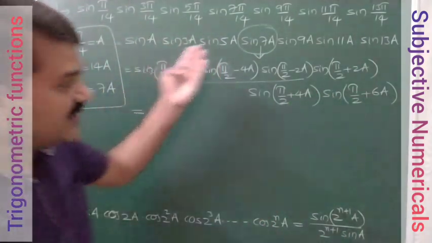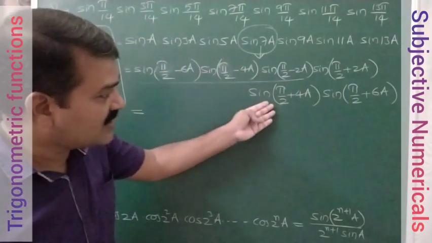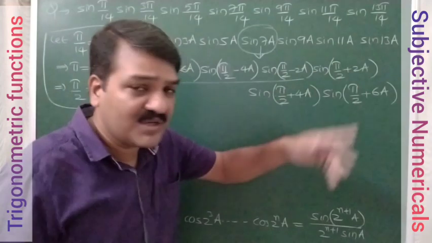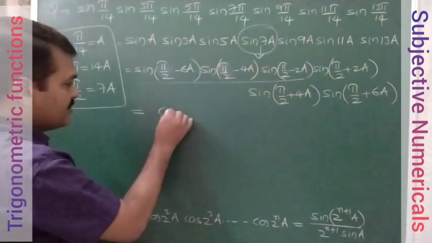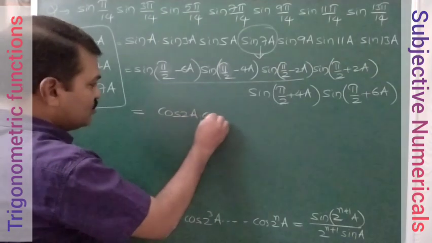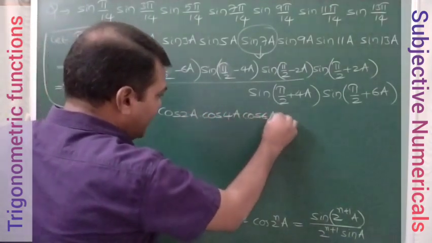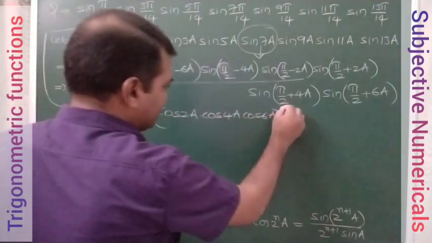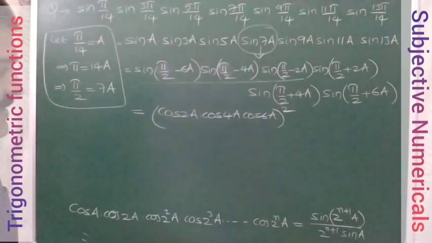This is cos 6a, this is also cos 6a. This is cos 4a, this is also cos 4a, cos 2a. All terms are repeating twice. So therefore this becomes cos 2a, cos 4a, cos 6a whole square, because every term is repeating twice.